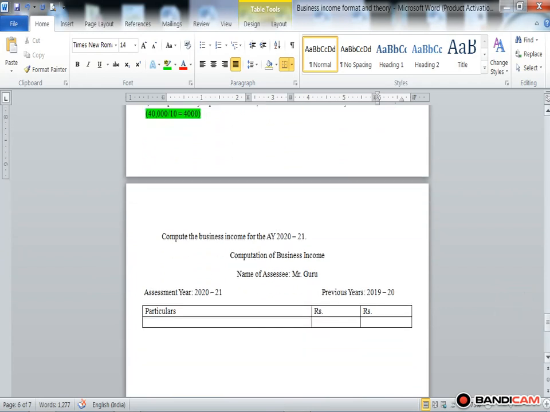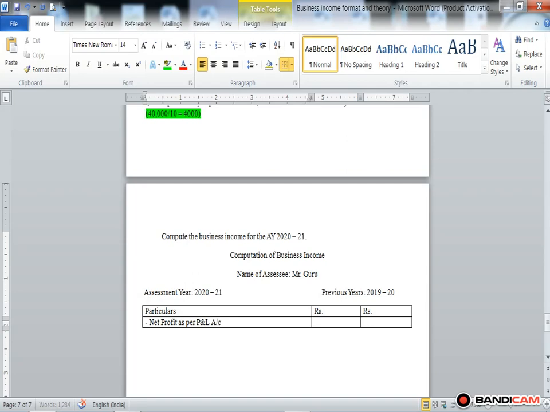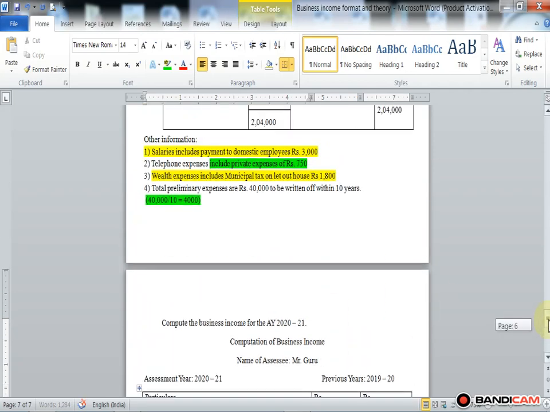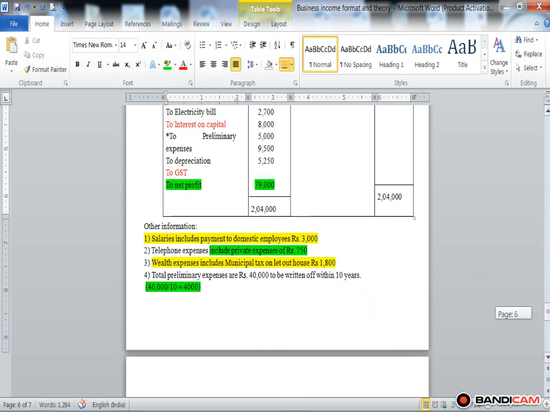As per profit and loss account, the net profit is given to you, that is 79,000. So 79,000 is the net profit. Put the figure in the outer column of the format.